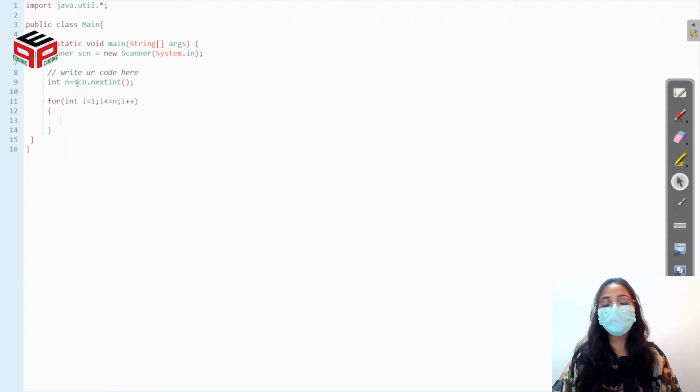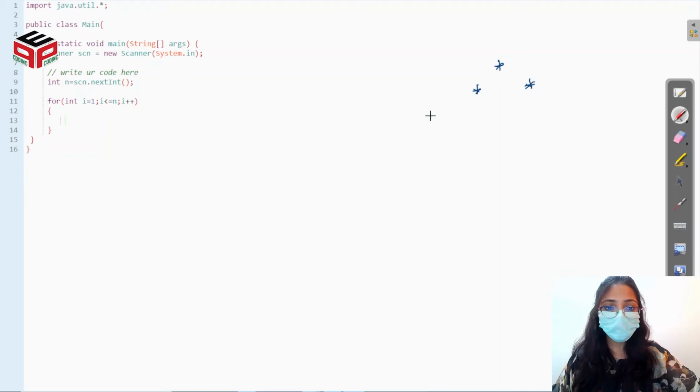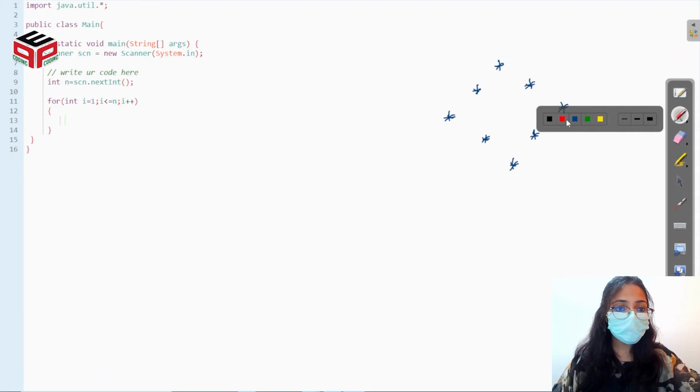Then the next thing we are doing is observing the pattern. I'll make the pattern over here so we can follow it. We have 1 star, 2, 3, 2 and 1. Over here we'll make the spaces.